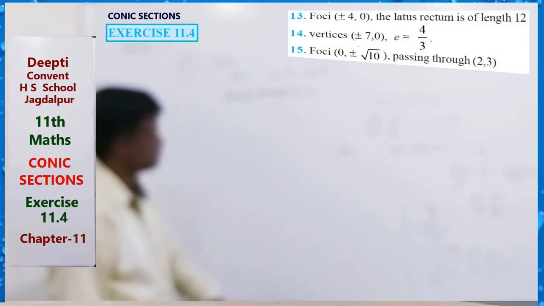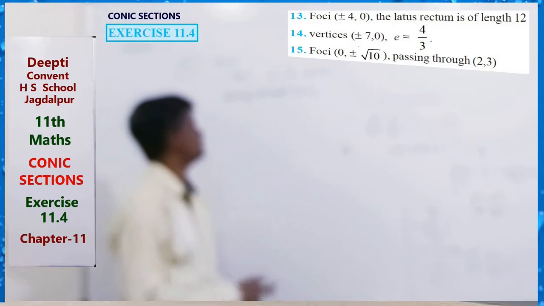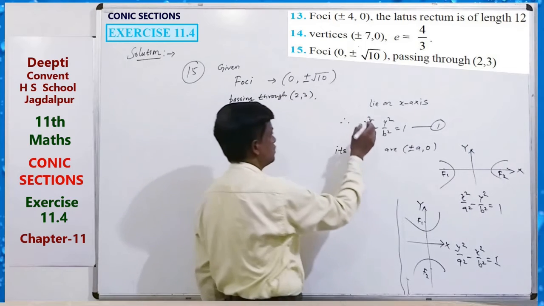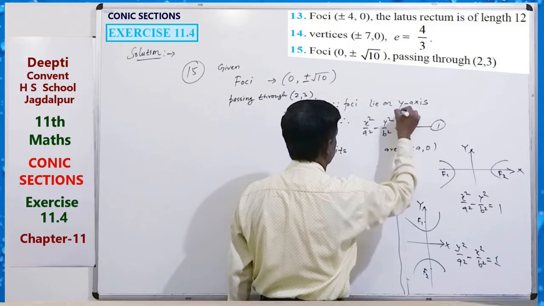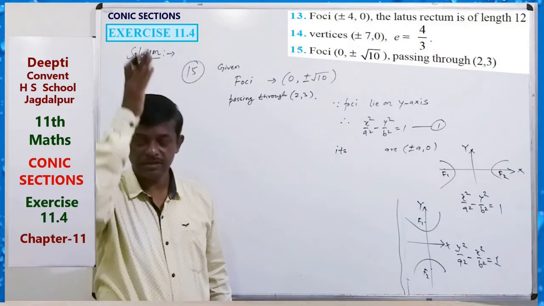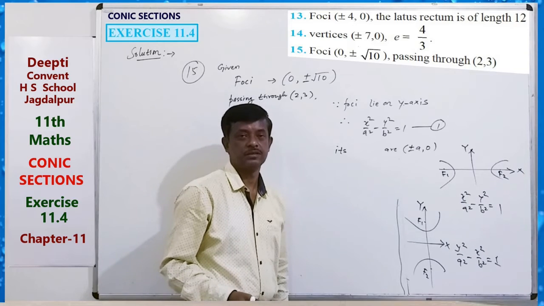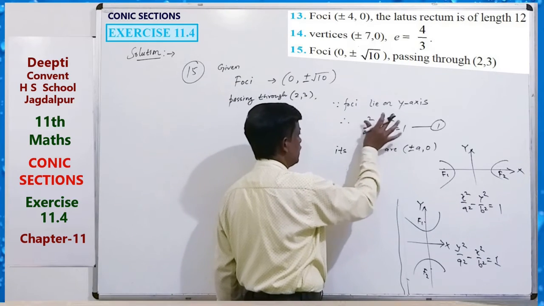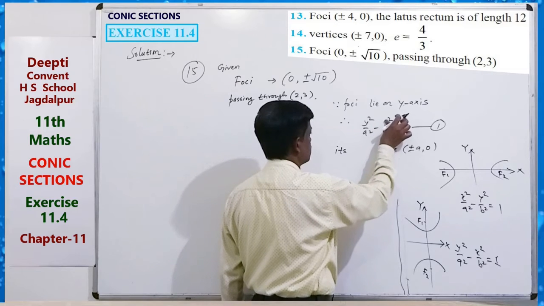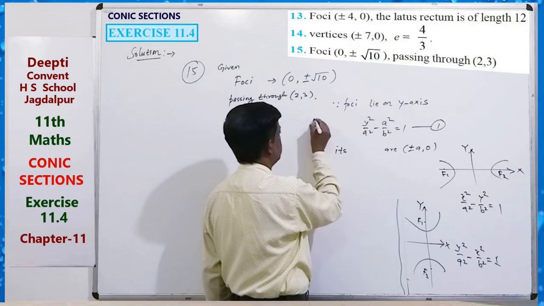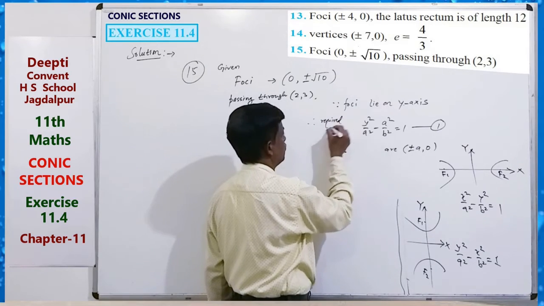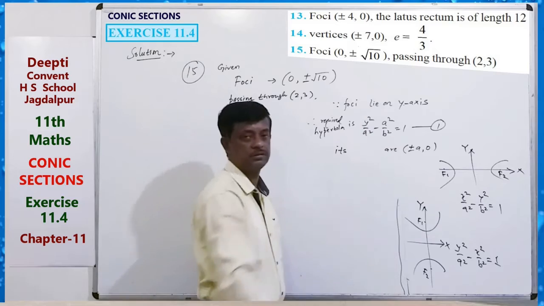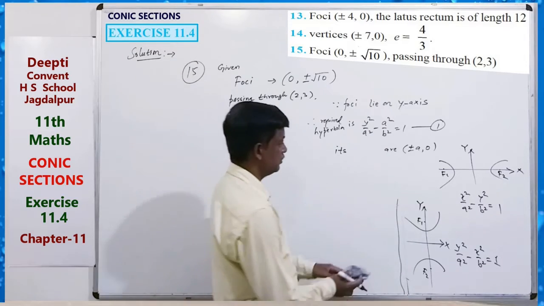This required hyperbola passes through this point, and foci is this. Since foci lie on the y-axis, that is the transverse axis and vertical y-axis. So here y square upon this, x square upon this. Therefore, the required hyperbola is this. Okay?